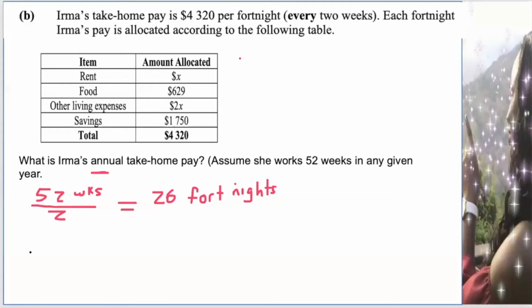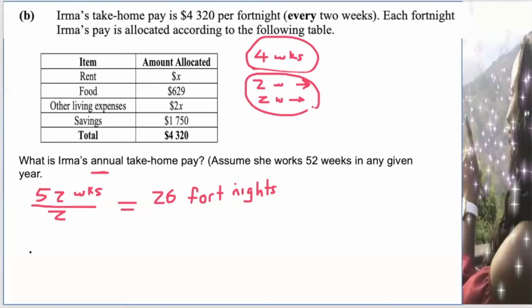You can think of it like in a month. You have 4 weeks in a month, but you're paid every 2 weeks. So the first 2 weeks in that month, you get paid, and the next 2 weeks, you get paid. So that means you got paid 2 times.